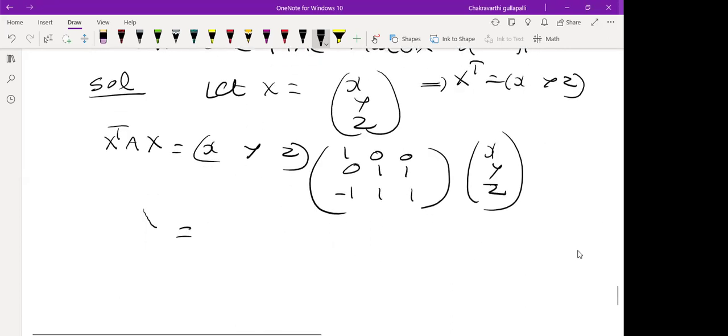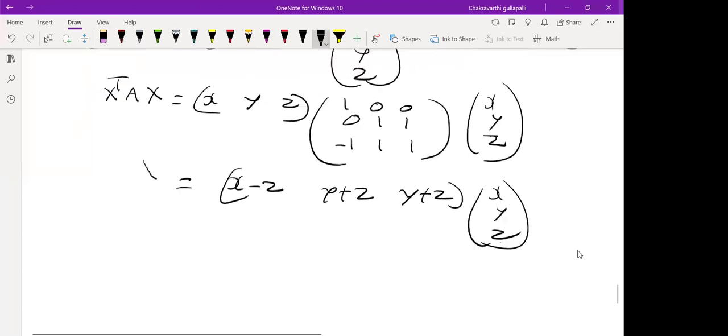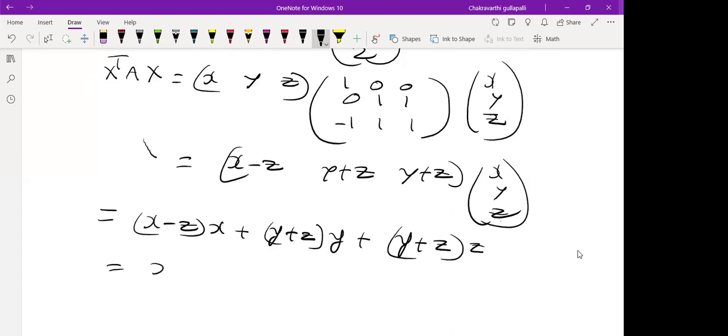Multiply. This is X minus Z, Y plus Z, Y plus Z, multiplied with X, Y, Z. So multiply: X minus Z into X, plus Y plus Z into Y, plus Y plus Z into Z. This will be X square minus XZ plus Y square plus YZ plus YZ plus Z square.